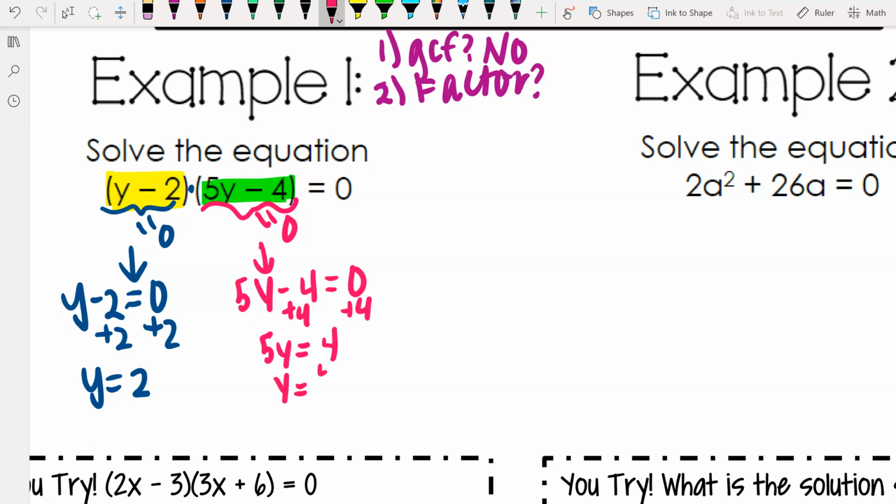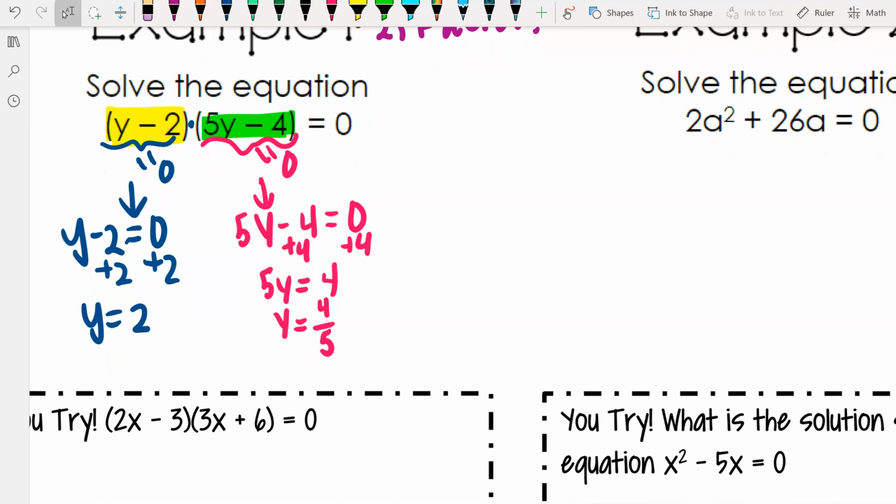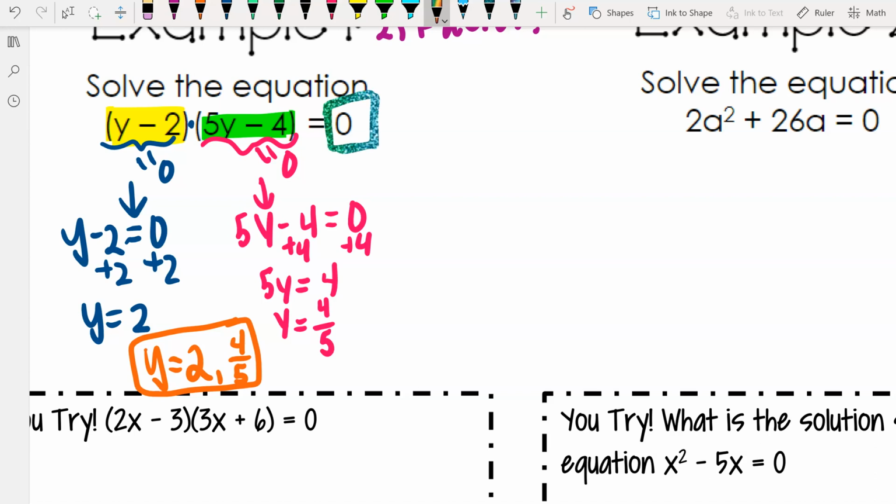So we add 4 over, we divide by 5, and we get two solutions. So when y equals 2, the first binomial equals 0, and when y equals 4/5, the second binomial is equal to 0. So that's what makes the whole thing 0, and that's your goal, to figure out what combination of numbers will give you that 0 that it's equal to.